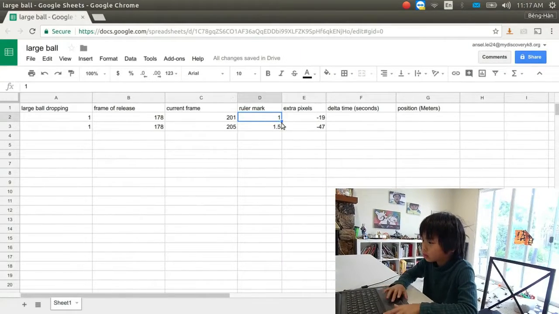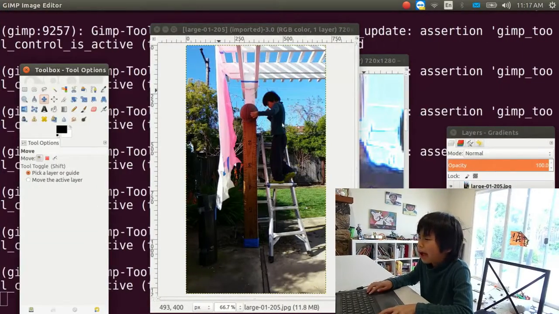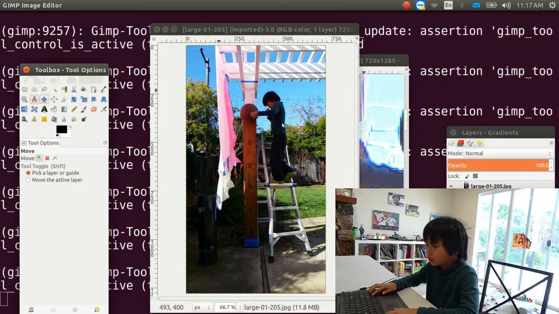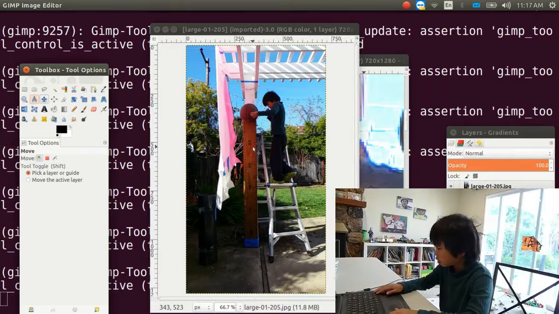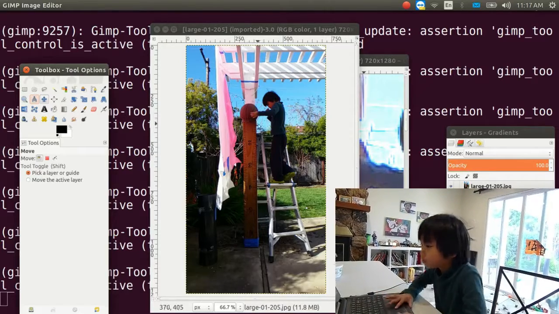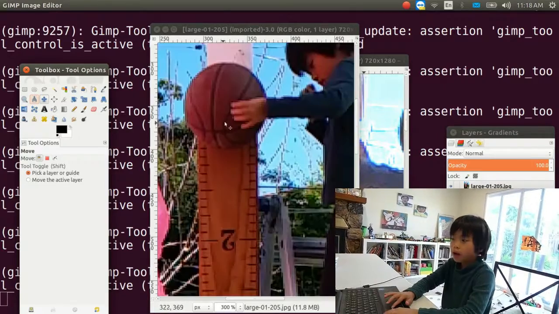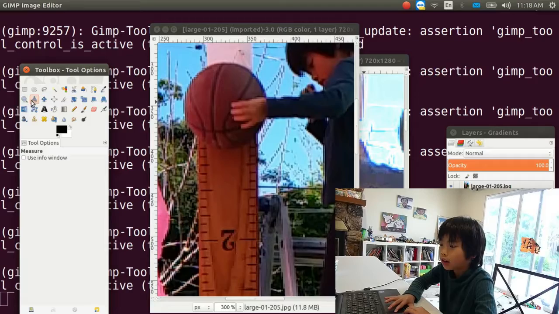The next one is the ruler mark. It's where the closest ruler mark is. Right now the ruler mark should be about 1.5, but it's not exactly 1.5, so we have to measure how far it is.